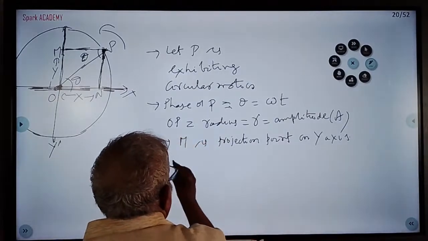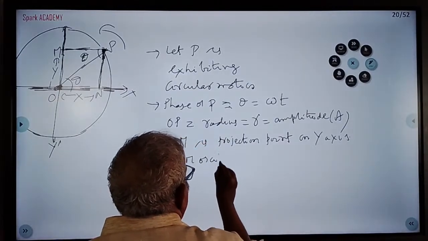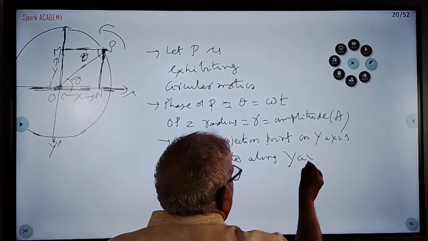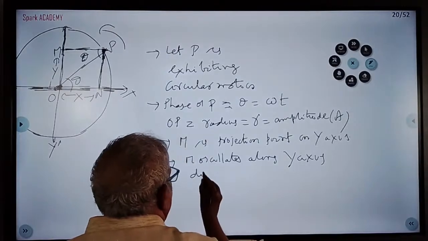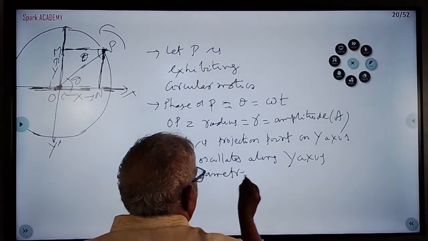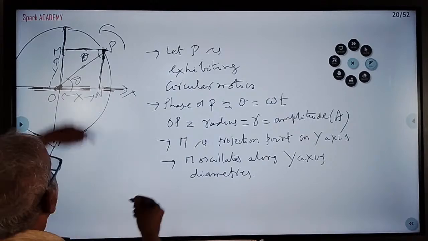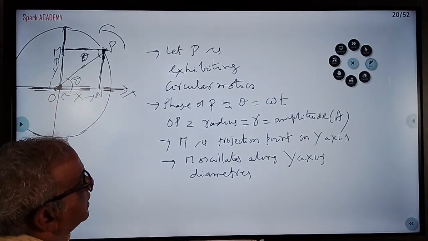M oscillates along the y-axis diameter. As P completes circular motion, M completes one oscillation.